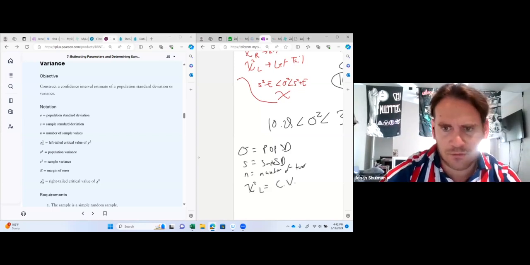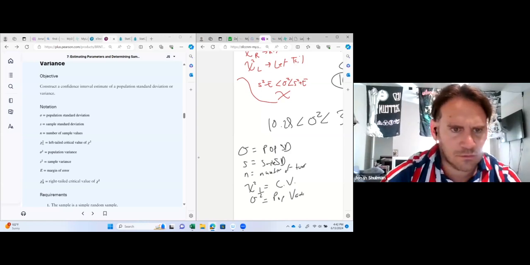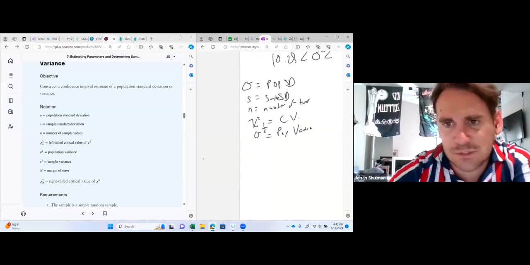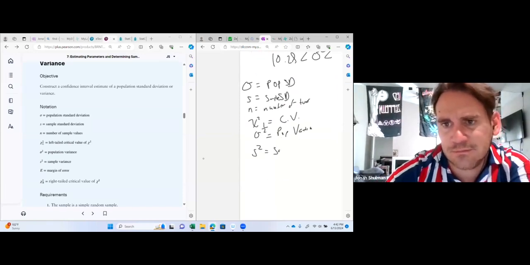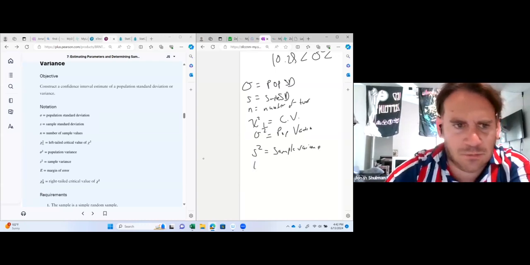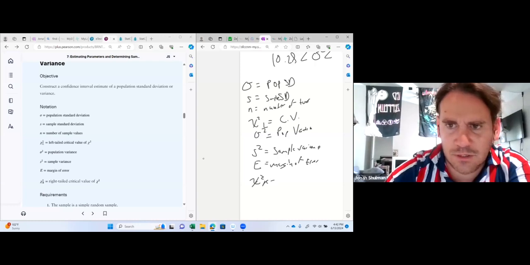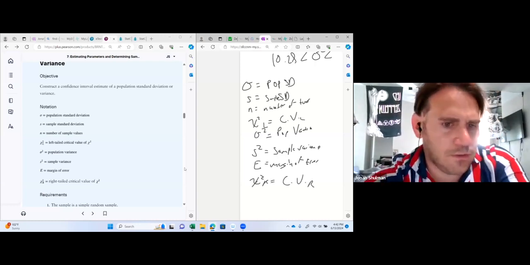That's our critical value. We got our population variance. This is our sample variance. Here's our margin of error. Then we have our chi-squared to the right. So this is going to be our other critical value. So there's our critical value right, our critical value left.